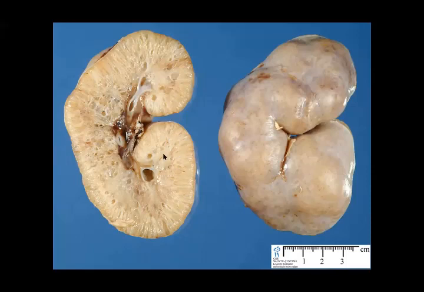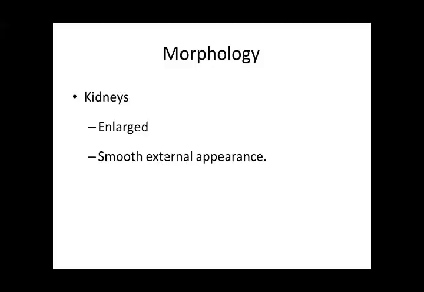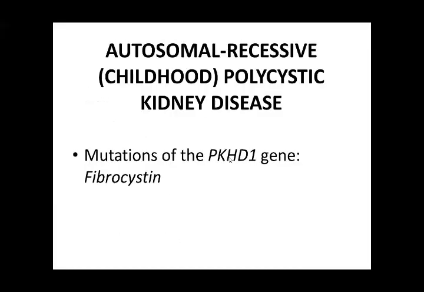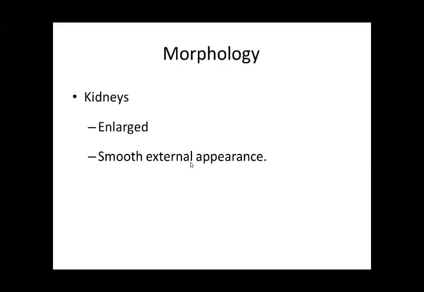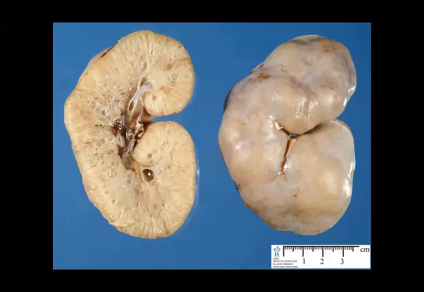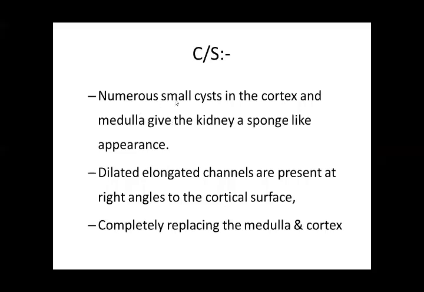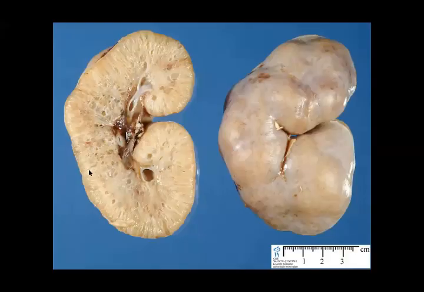Just by looking at the kidney, you could diagnose polycystic kidney disease type 2. You can say childhood polycystic kidney disease could be diagnosed just by looking at the kidney, along with the age of the patient. Cross section: numerous small cysts in the cortex, and the medulla may be involved, and this gives the appearance of a spongy kidney.